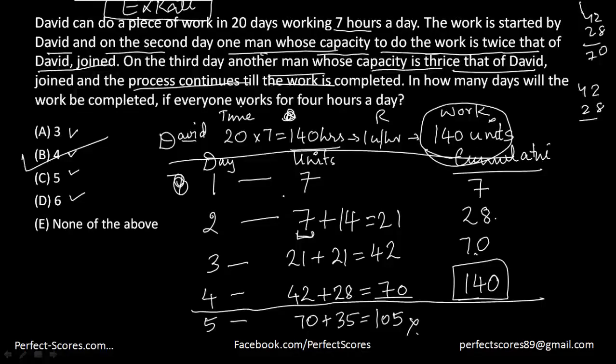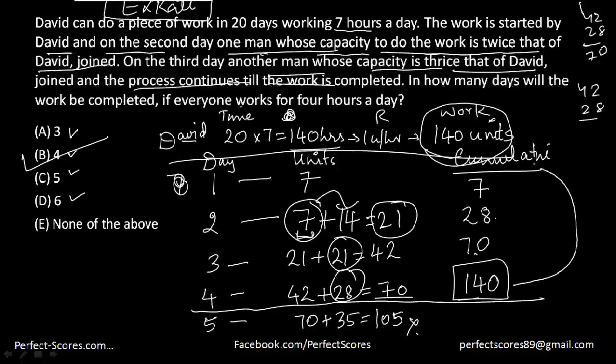So if on day 1, 7 units are getting finished, day 2, 7 units plus double of 7, day 3, 21 units plus triple of 7, 4 times 7, and then when we added the total work, it actually matched the total work on the 4th day, and it's going to take 4 days for David and his company to finish the job, right? It's actually a difficult question, but the simplicity with which we solve this question is what matters here, right?